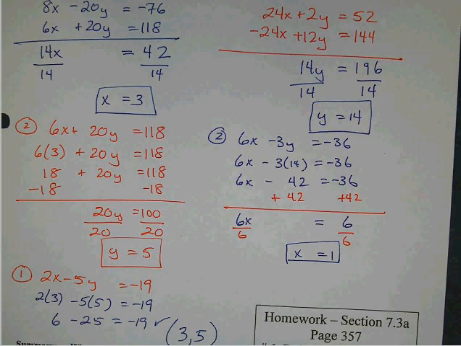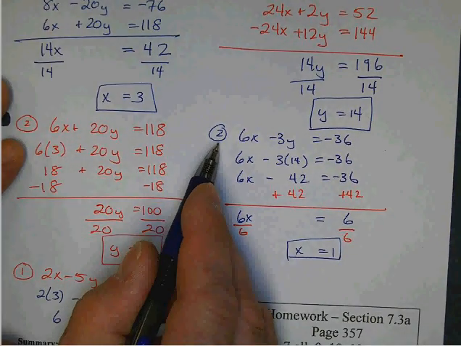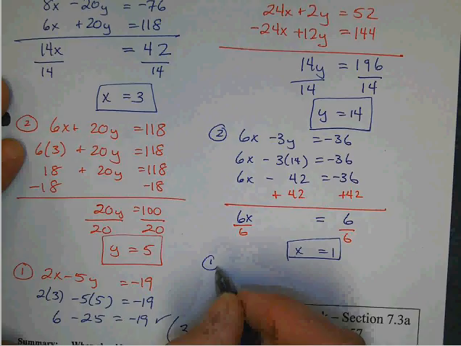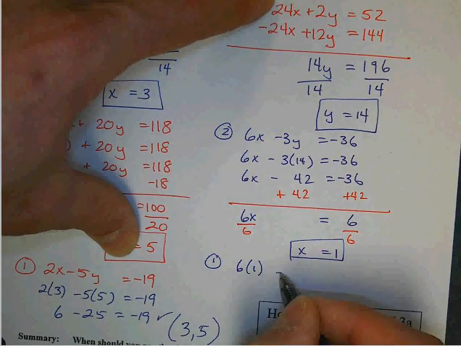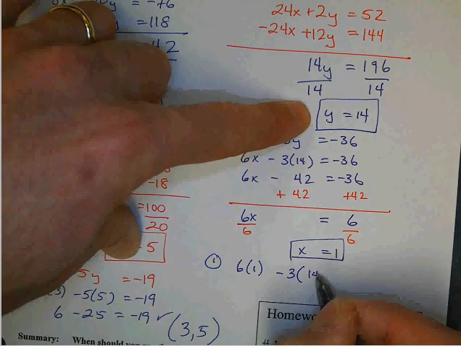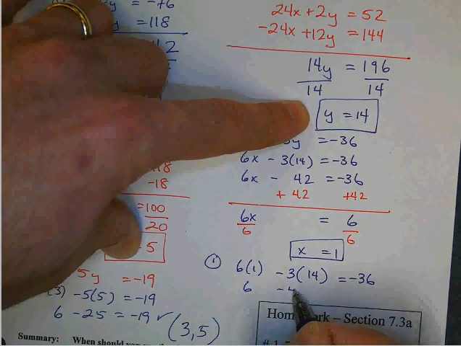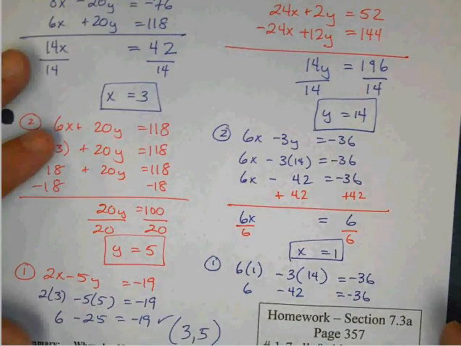Once again, the fact that we got such a perfect answer at the end is paramount to saying, oh, I'm sure we're right, but let's make sure. I used equation 2 to solve it, so what must I use to check it? Equation 1. Here we go. 6 times 1 minus 3 times 14 is supposed to equal -36. 6 minus 42, is that equal to -36?